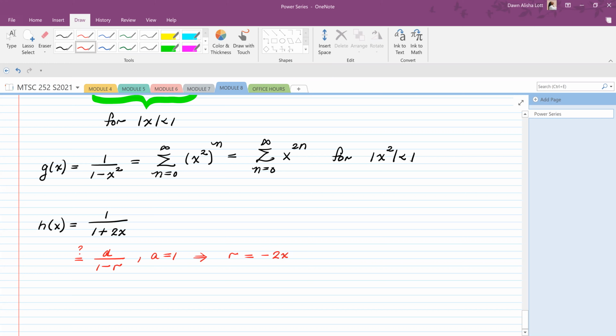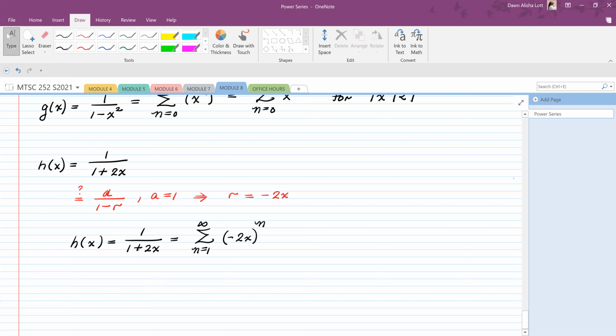So if r is minus 2x, then h of x, 1 over 1 plus 2x, is equal to the sum n equals 0 to infinity of minus 2x to the n, or the sum of minus 1 to the n times 2x to the n.